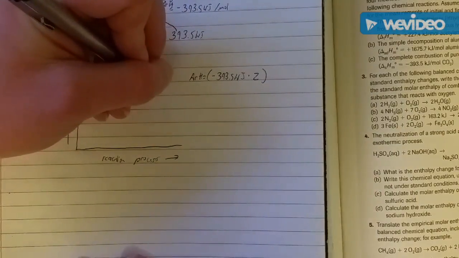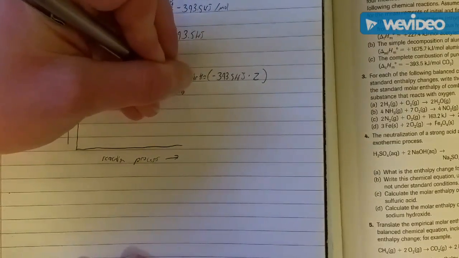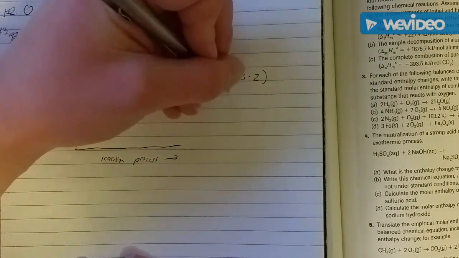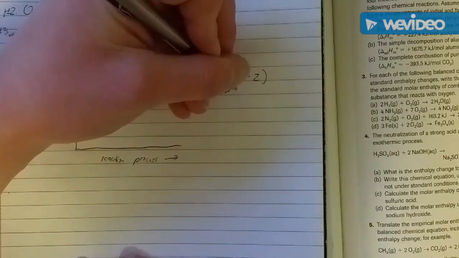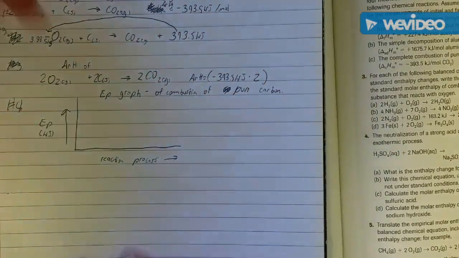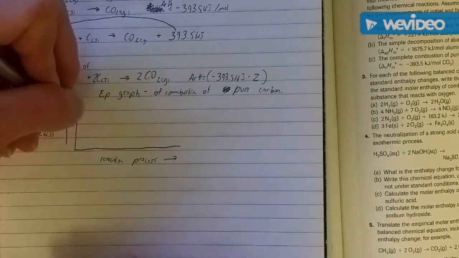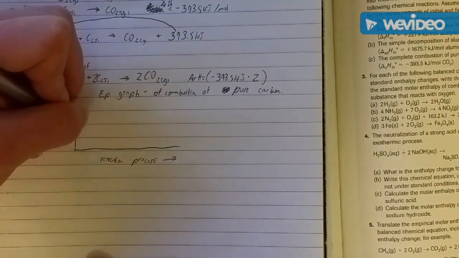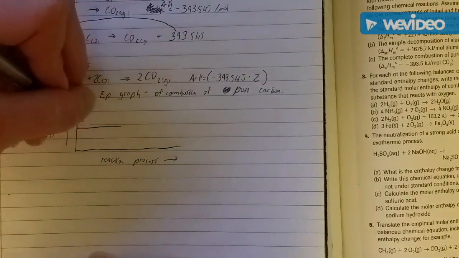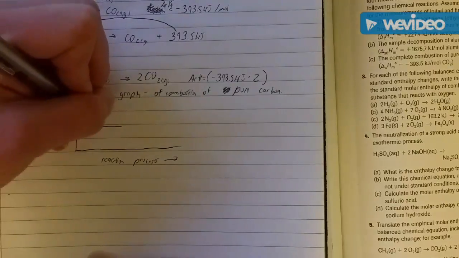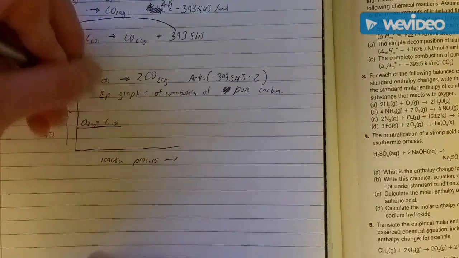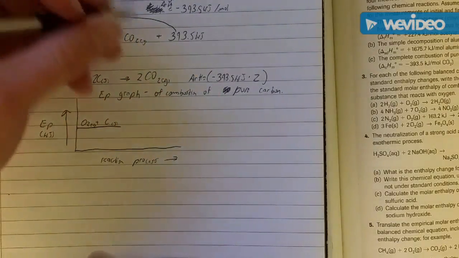This is the EP graph of combustion of C, pure carbon. We write it anywhere on this line, and we'd go straight line, O2 gas plus C solid, through reaction.